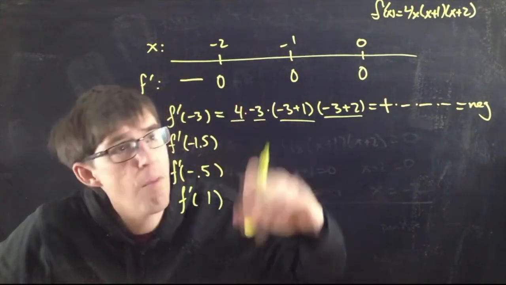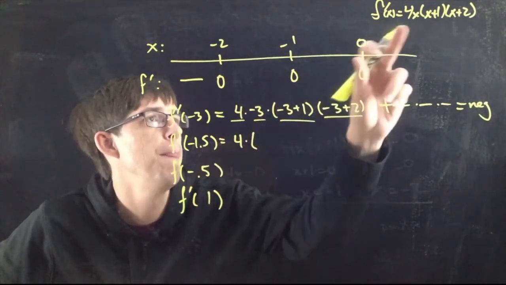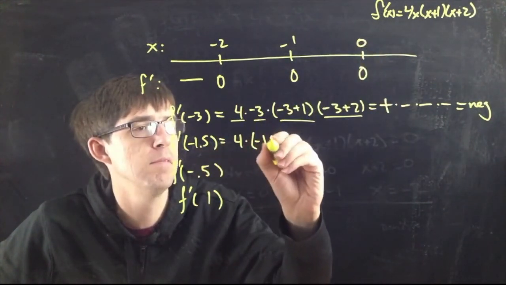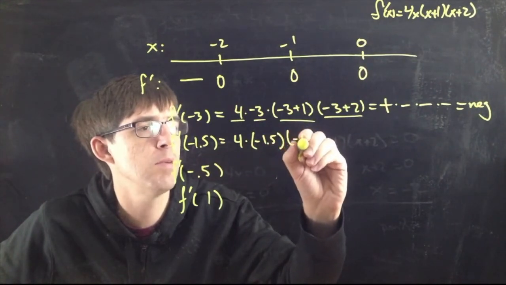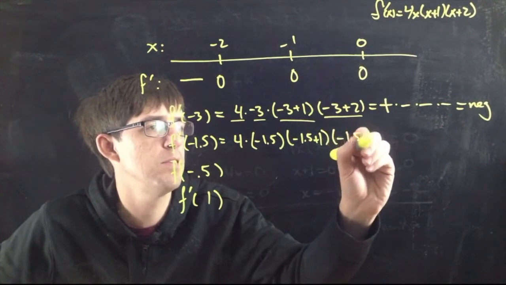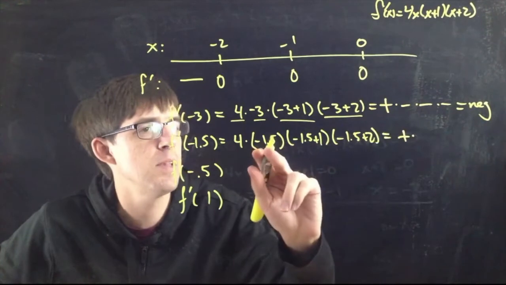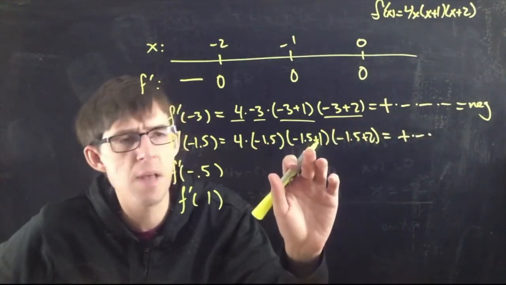All right, and we're going to do the same thing for the rest of them. 4 times, okay, this time I have negative 1.5. Minus 1.5 plus 1, minus 1.5 plus 2. All right, and this time I got positive times, that's negative, times this, is that positive or negative?